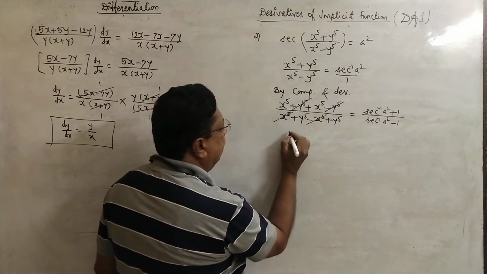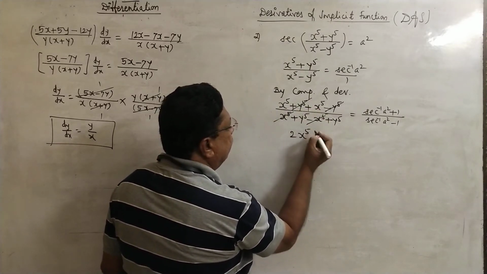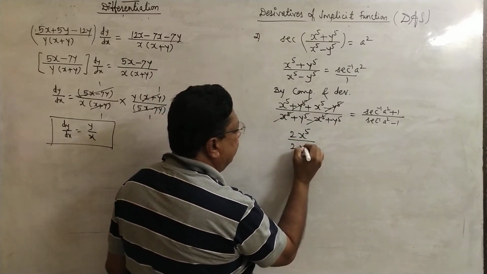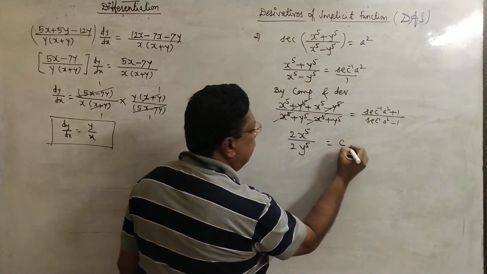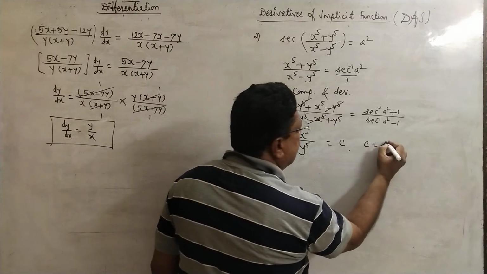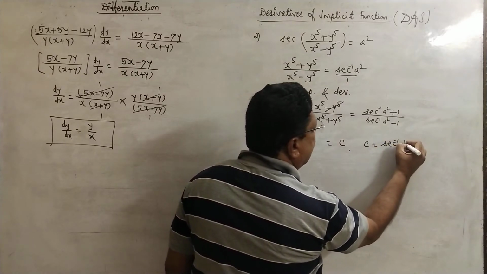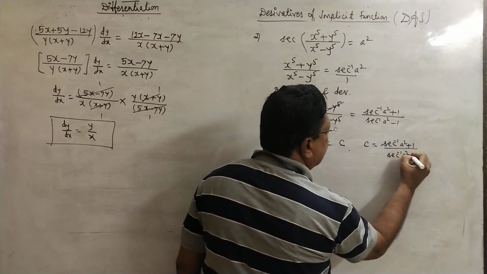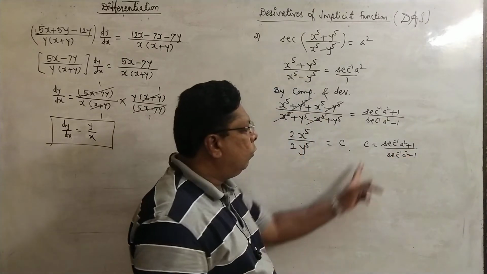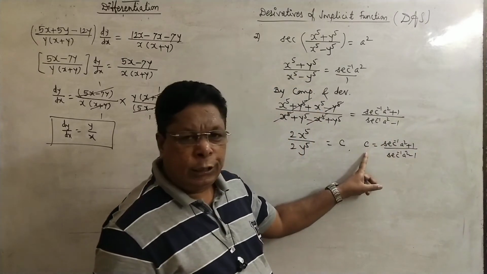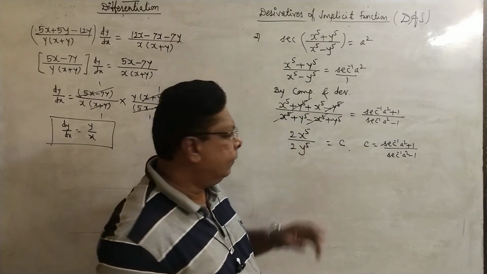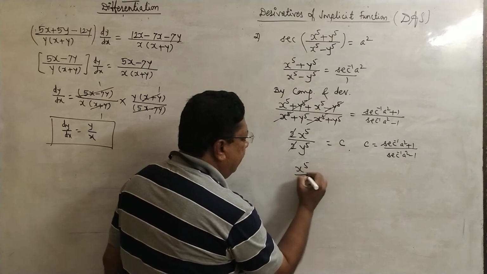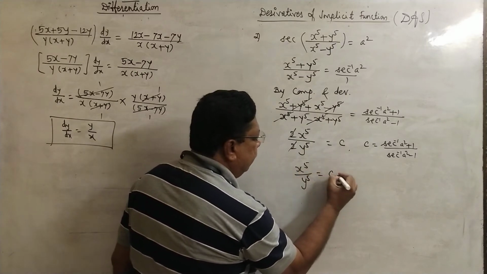X raised to 5 plus x raised to 5 is 2x raised to 5. Y raised to 5 plus y raised to 5 is 2y raised to 5 is equal to c. C is equal to sec inverse a square plus 1 upon sec inverse a square minus 1. The whole constant term is equal to just c. C is also a constant. Now this 2 gets cancelled. X raised to 5 upon y raised to 5 is equal to c.